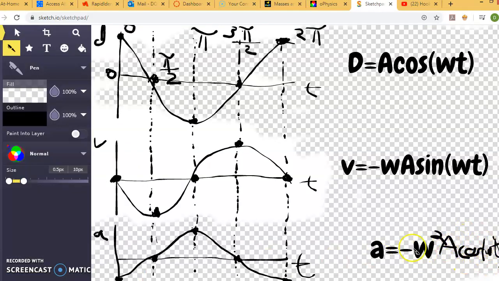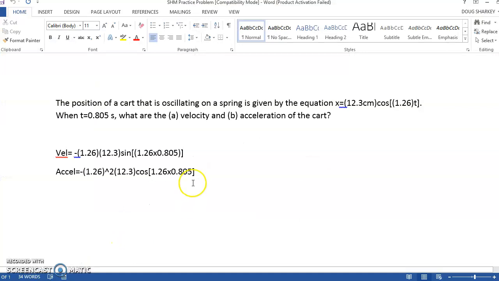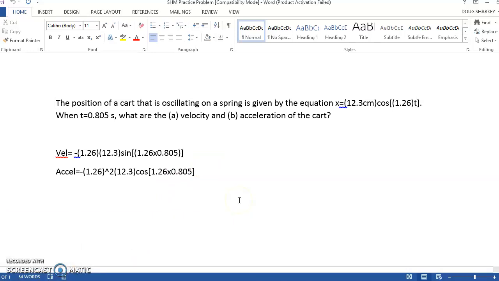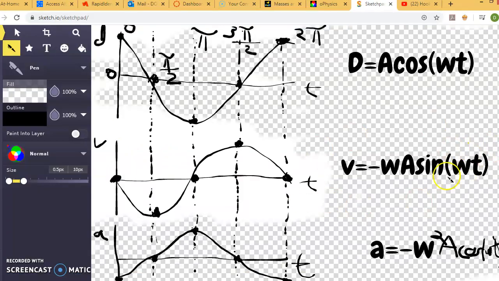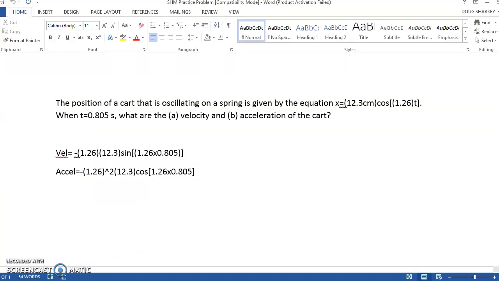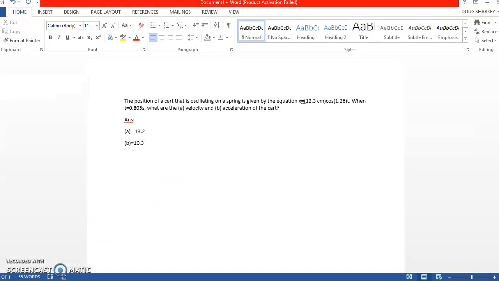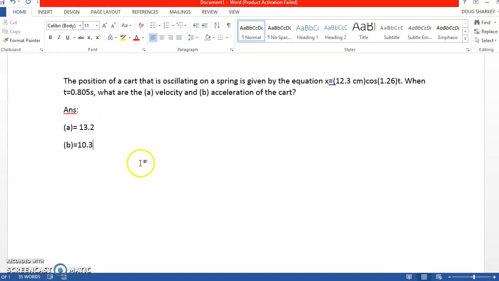Cosine. Now, I'm going to pause it here a second. You can pause the video here and take a look at this. These are the equations that you should get if you use these. And if you pause it, you can fiddle with it, and then the answers you should get are these. There you go.